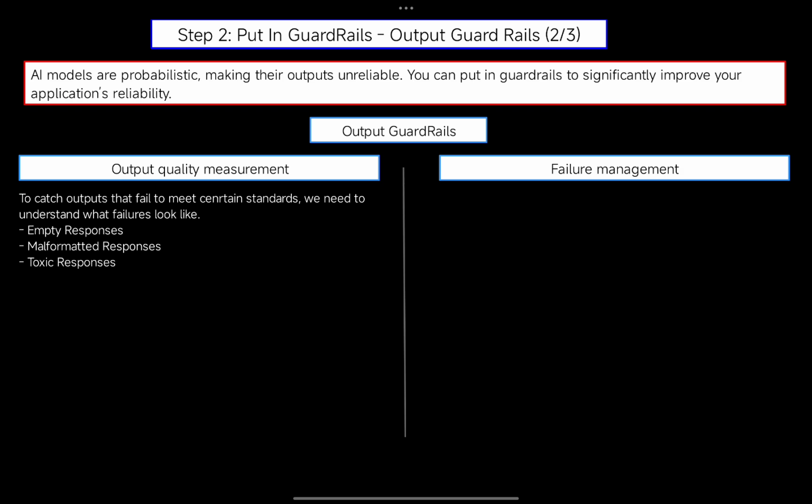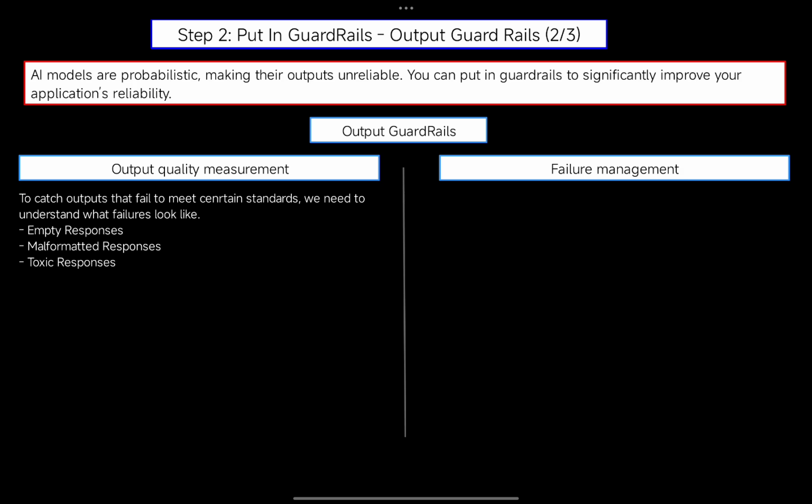That failure point can be either an empty response from the model, or a malformatted response. Like if you are asking the model to generate a JSON output, and while generating it the model has missed certain formatting or certain brackets, those will cause malformatted responses, right?